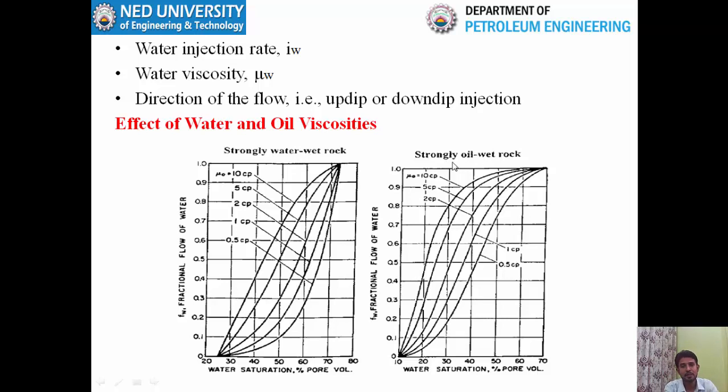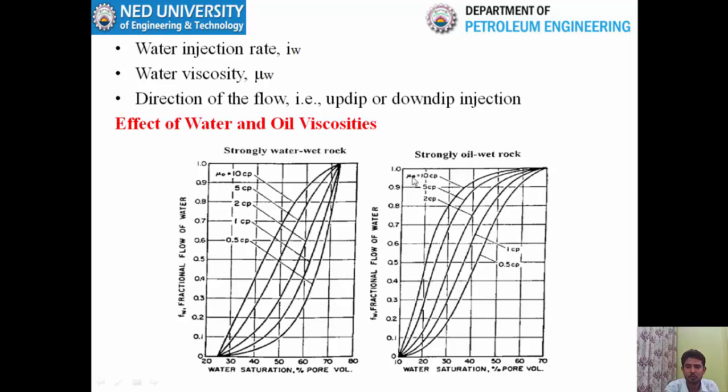So regardless of wettability, you can see the lower the oil viscosity, the fractional flow curve will be on the extreme right. And obviously we have seen this when we were doing the example. We changed the oil viscosity and we saw that with a decrease in oil viscosity, the fractional flow curve moves to the right side.